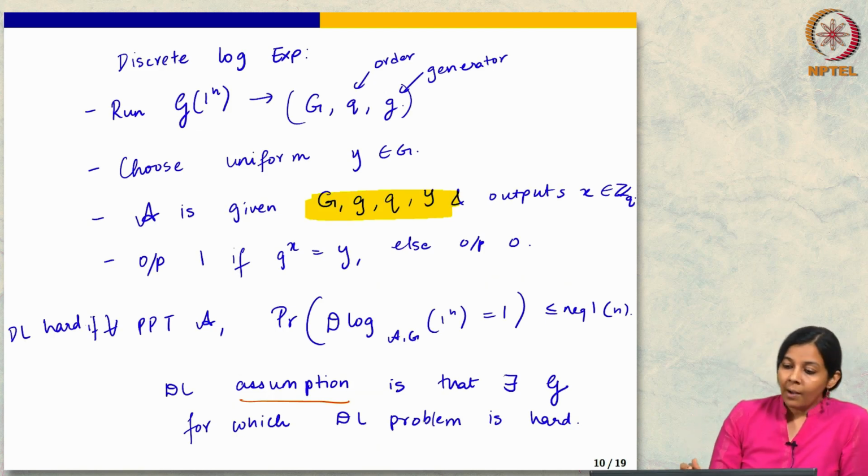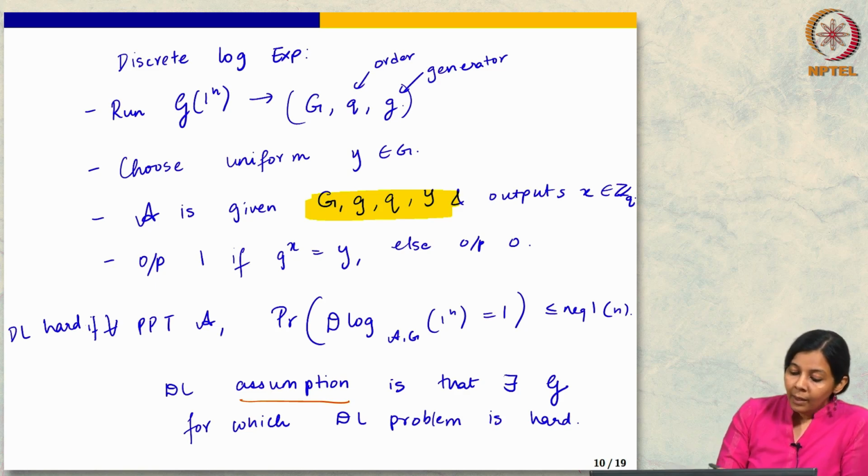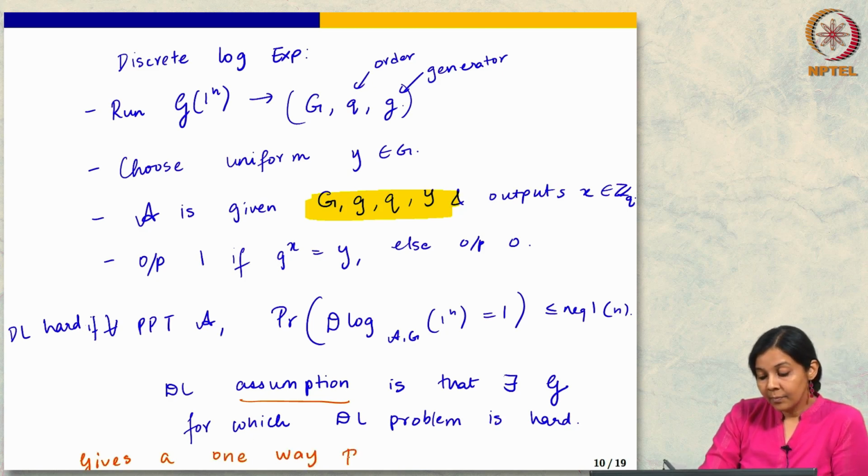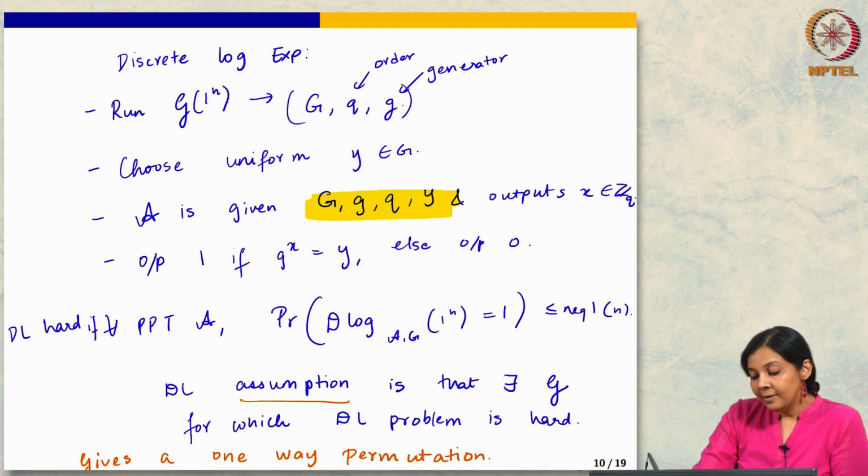One quick remark is that the discrete log problem actually gives a one way permutation. Since we took the cyclic group, we got a permutation.